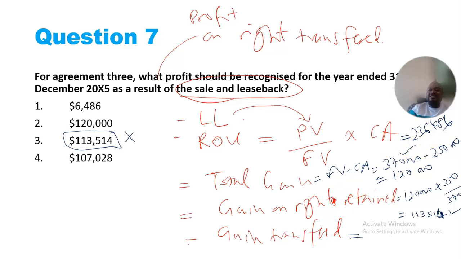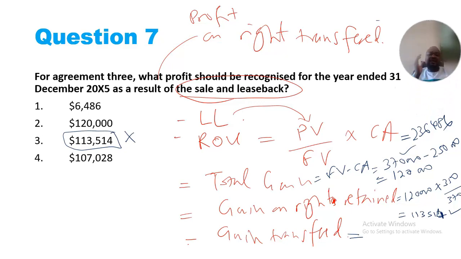So once you have found the gain on rights retained, you then compute the gain on the right of use transferred, which is the total gain of 120,000 minus the gain on rights retained of 113,514. And what do you get? 6,486.